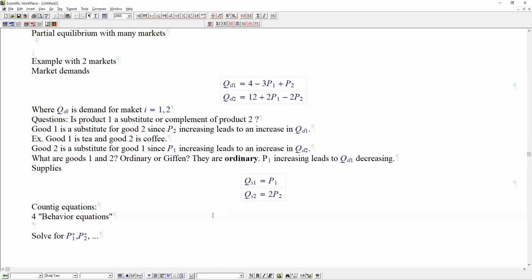Now, what do I need then? I need 2 other equations, which are the market equilibrium equations. What are they?